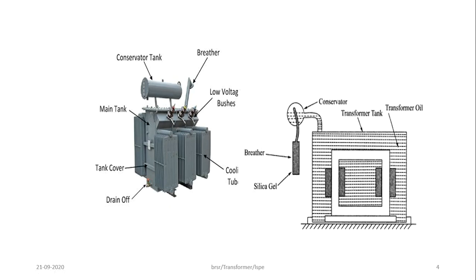The presence of water to a very little extent may also reduce the efficiency of the transformer to a very great extent. So it should be avoided. It is done using this silica gel. And there are low voltage bushes. These bushes are the ones which are used for taking the connections from the transformer to the external circuitry.